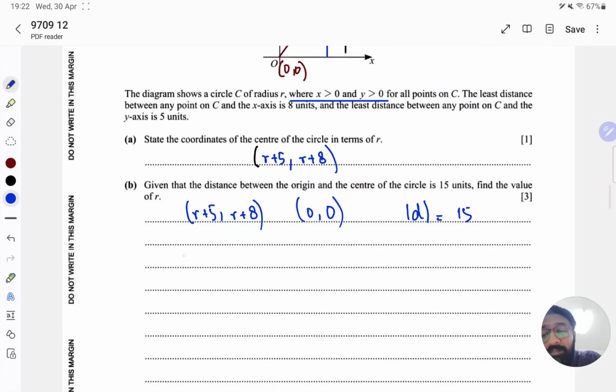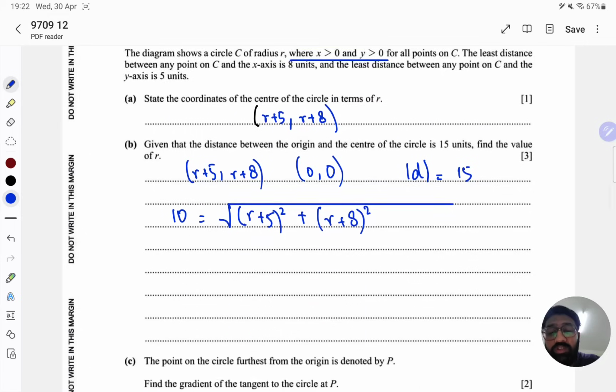So the formula is 15 equals the square root of x2 minus x1, since x2 is 0, so r plus 5 whole square, plus the y is also 0, so just r plus 8 whole square.